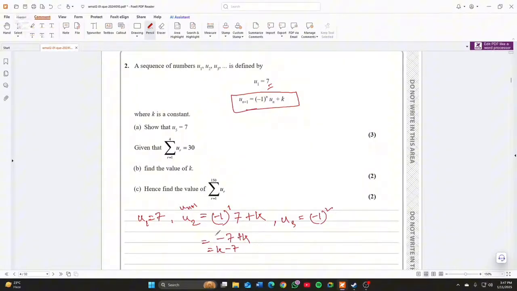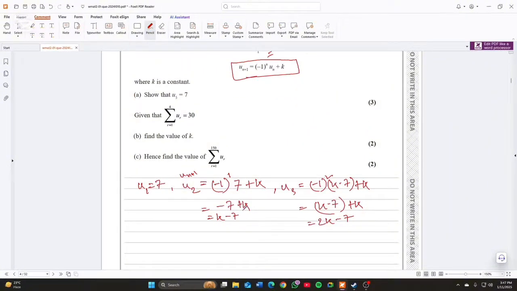Then u3 similarly would be minus 1 squared times the value of u2, which was k minus 7, so k minus 7 multiplied by minus 1 squared plus k, that equals k minus 7 plus k, so 2k minus 7. Similarly, you can find u4, which would be minus 1 cubed times 2k minus 7 plus k.